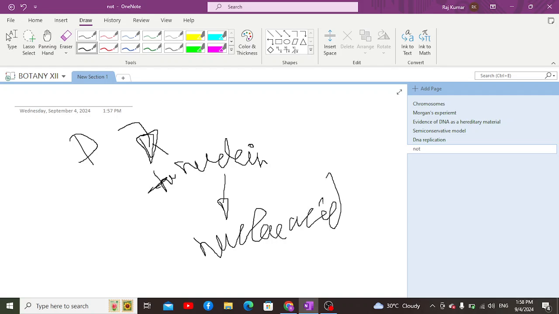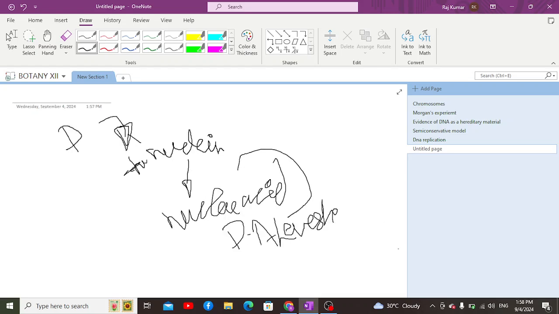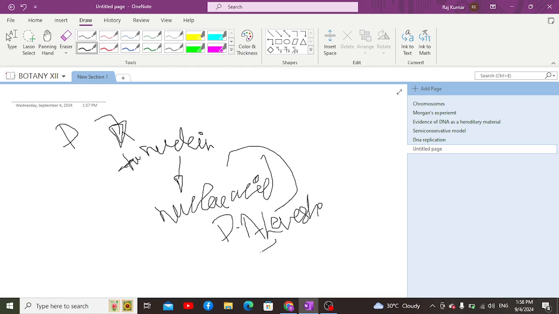Now, the structure of nucleic acid was further identified by P.A. Levene. P.A. Levene was a scientist who further gave the structural components of DNA. He told three major components: number one, the nitrogenous bases; number two, the 5 carbon pentose sugar; and number three, the phosphate group.